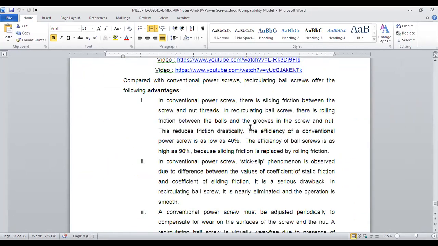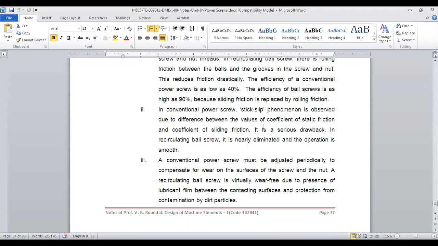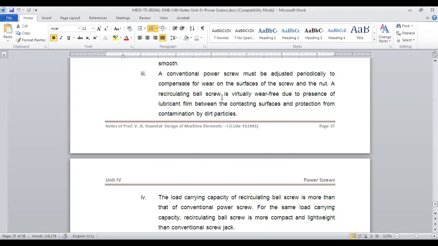There are some advantages. The friction is very low, so efficiency is very high. In a normal screw we have stick-slip, meaning because of the coefficient of friction we get stick and then slip. This is not there here, because the friction happens at the contact, at a point or line.